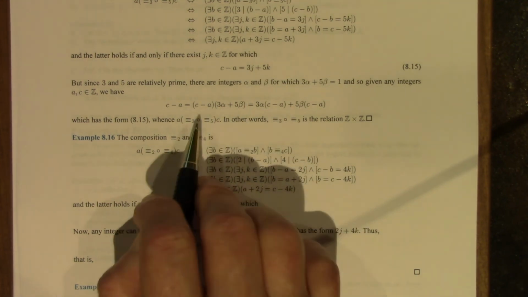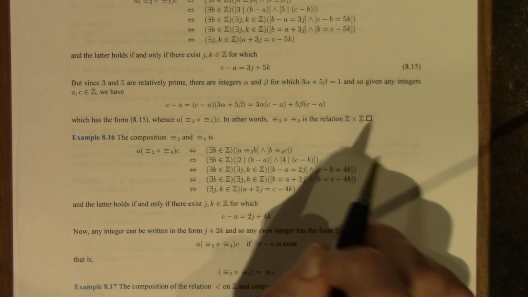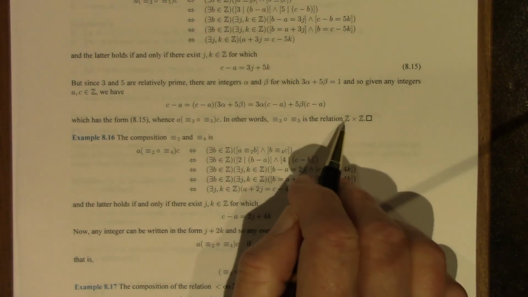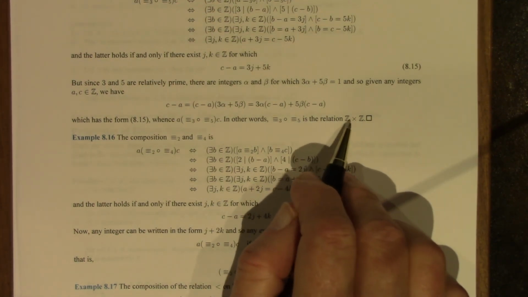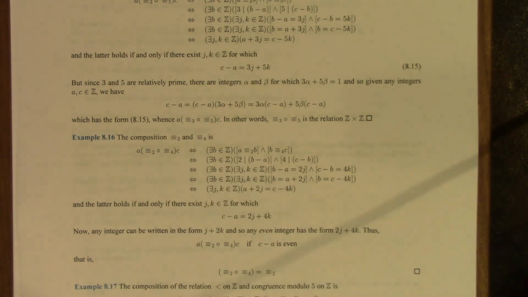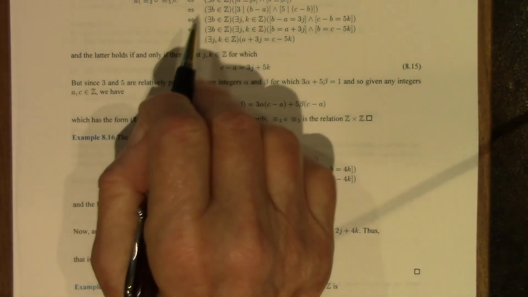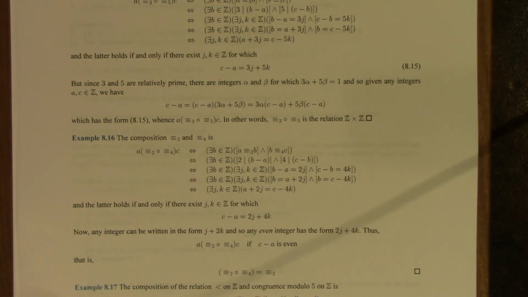So this composition, this relation, is what you might call the full relation. Every integer is related to every other integer. So it is in fact all of Z cross Z. Every ordered pair of integers belongs to this relation. And what's critical here is that 3 and 5 are relatively prime.